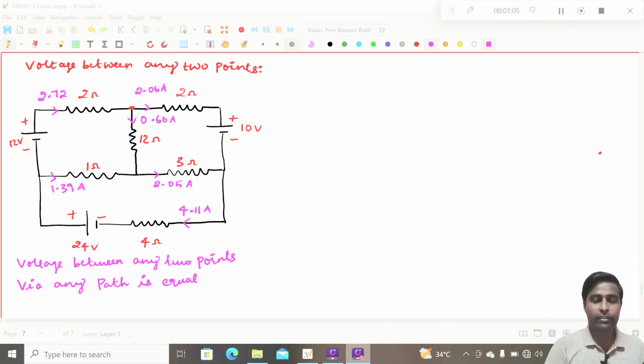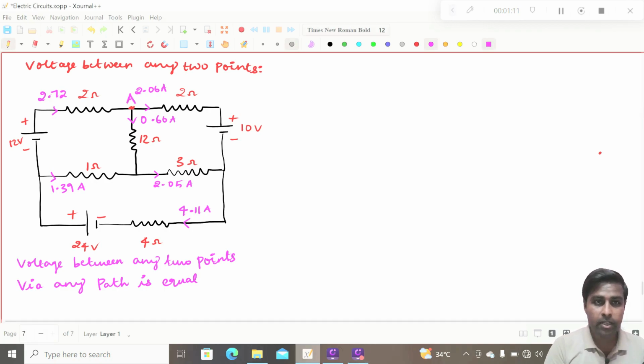Now what I will do, I will assume the points in the circuit. I will take a different color so it will be good to see.